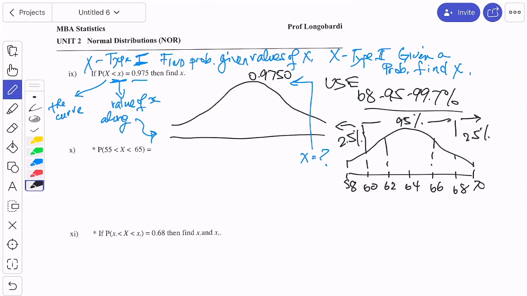You can see that if you add these together, what do you get?